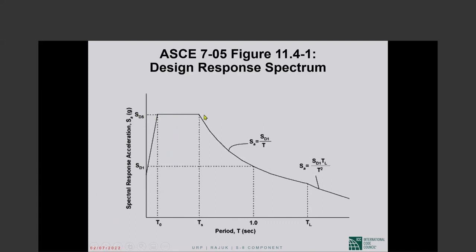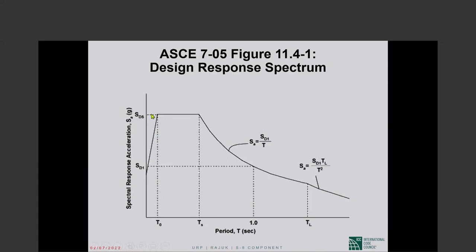So it has a flat top, a descending branch, which is defined by S sub D1, the ordinate to the spectrum at a period of 1.0 second. And then the descending branch ends at a long period, transition period, as it is called, T sub L. And then the remainder of the spectrum varies with 1 over T squared. This is not considered a branch. This is a ramp building up to the flat top.